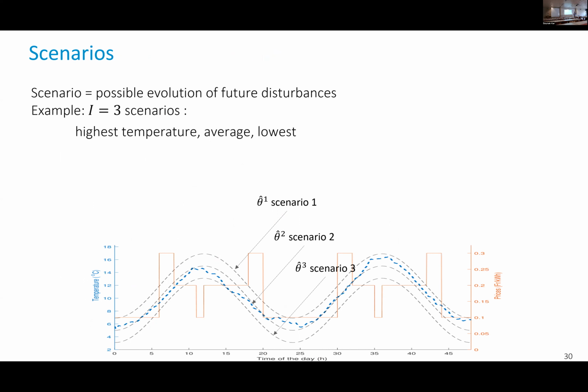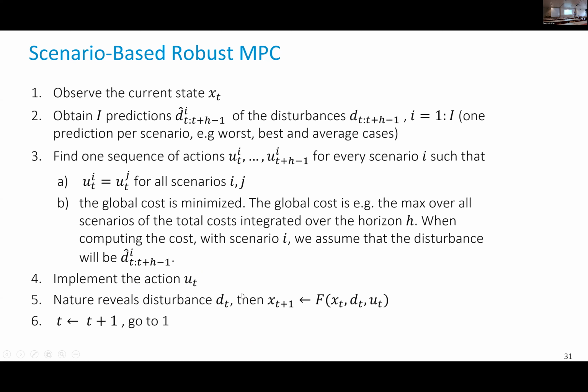So there are only three scenarios, not 3 to the power of the number of steps, only three scenarios, a high, an average, and a low scenario. That's a very crude form. Very often, for example, when people apply this to predicting wind variability for wind energy, they have more scenarios than just a high, a low, and a medium.